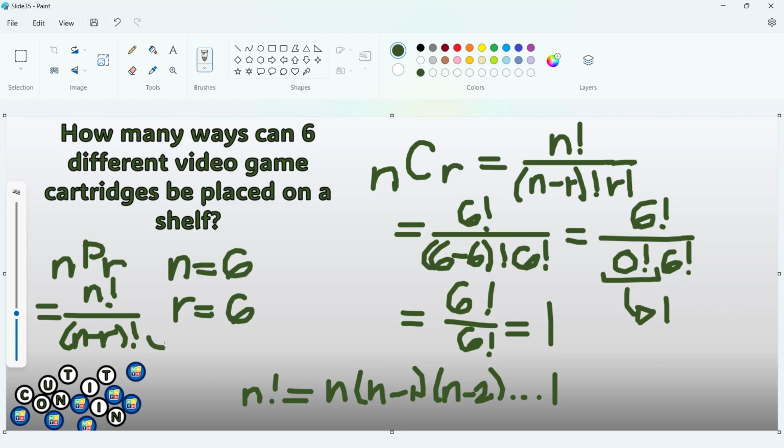Notice that for our permutation before, you might want to check the previous video, you will just end up with 6 factorial divided by 0 factorial. And we know that 0 factorial is again 1.